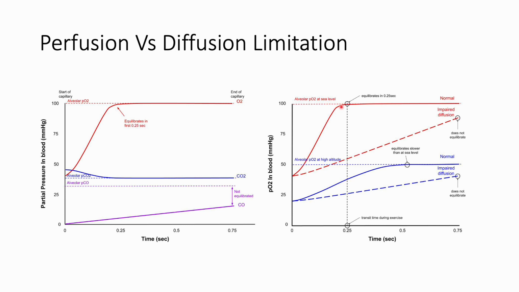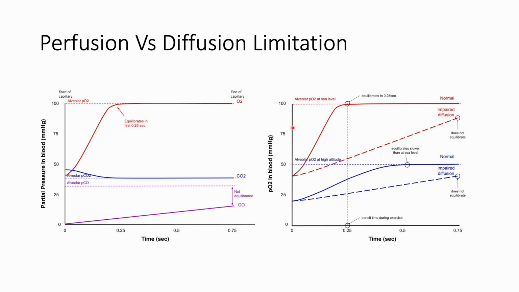And the difference between this happening at sea level and at high altitude is where we are operating on the oxygen dissociation curve. So at sea level, when we're going from a PO2 of 70 to 100, we're operating on the flat part of the ODC.